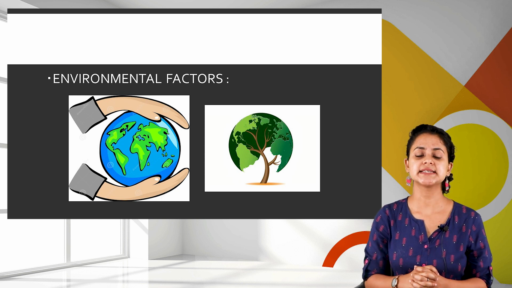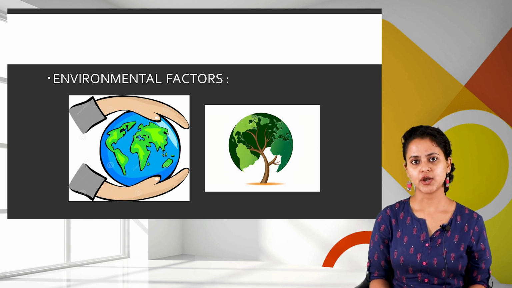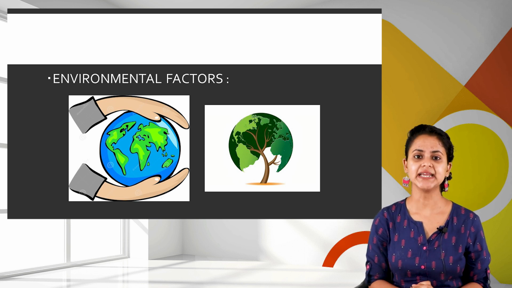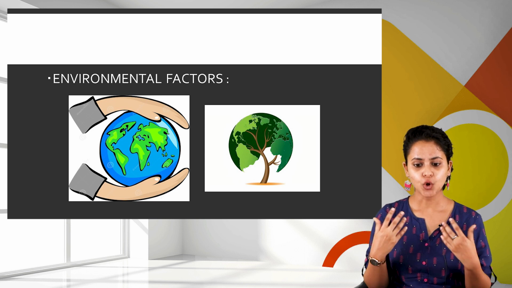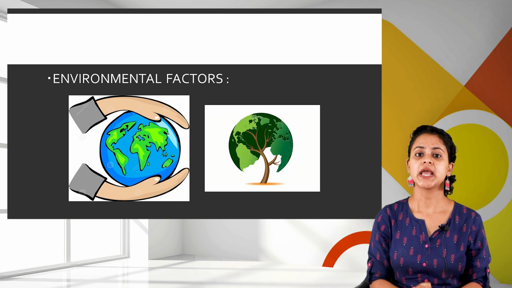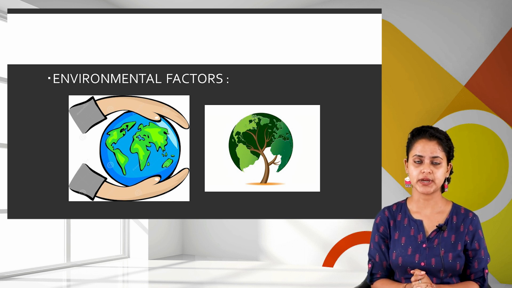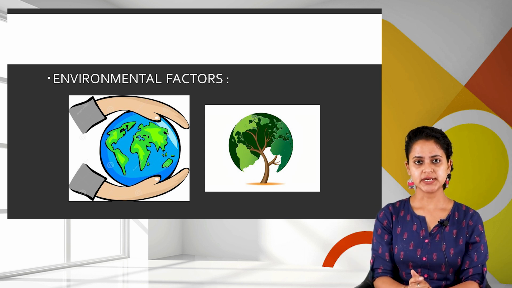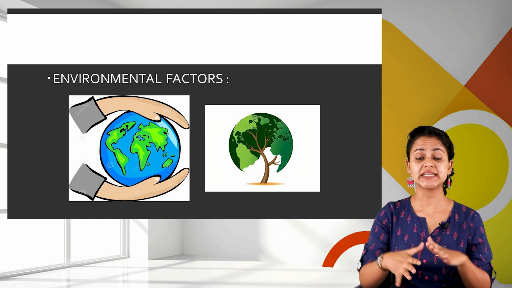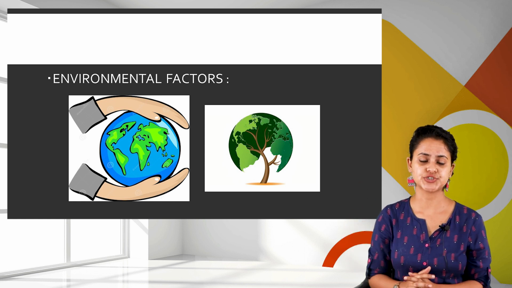The next is the physical determinants, which include air, water, light, noise, soil, climate, and altitude, even waste production and its management. All these factors influence the individual's physiological functioning.